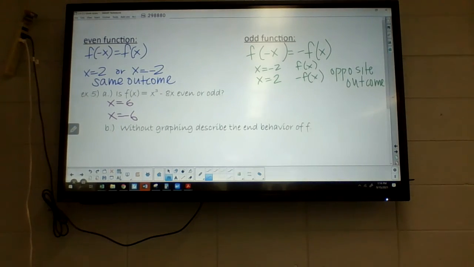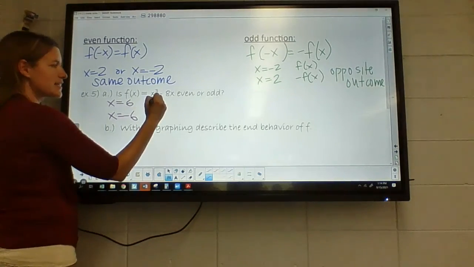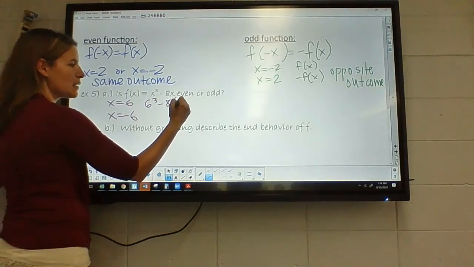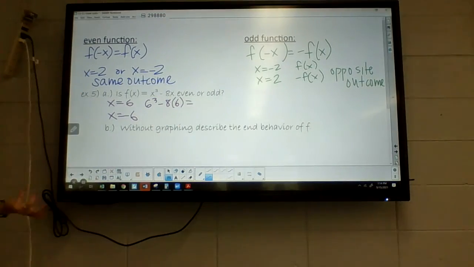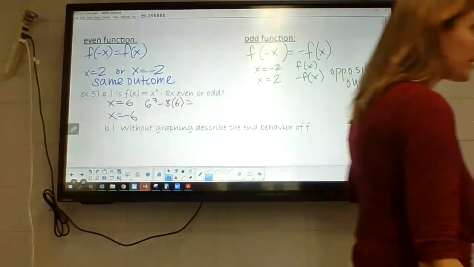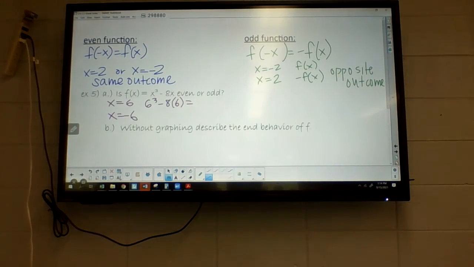Okay, so we're going to do 6. So 6 to the third power minus 8 times 6. We're going to figure out what that is. I just like the smaller number, so I didn't have to put it in my calculator, but whatever. So I got 168.